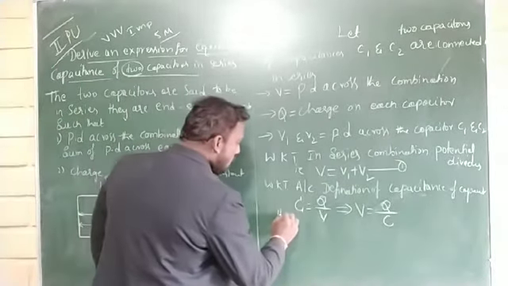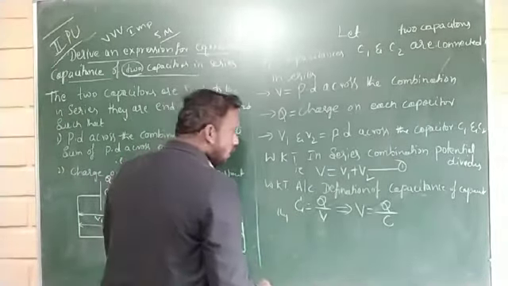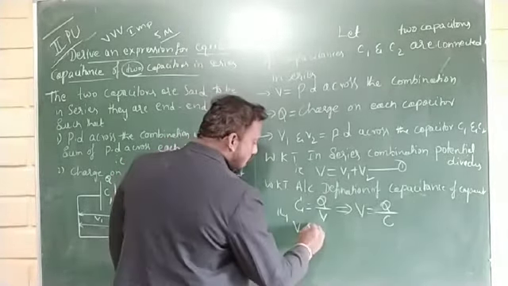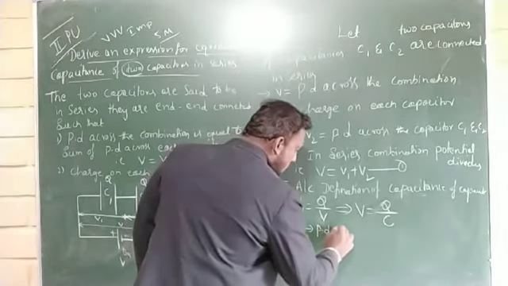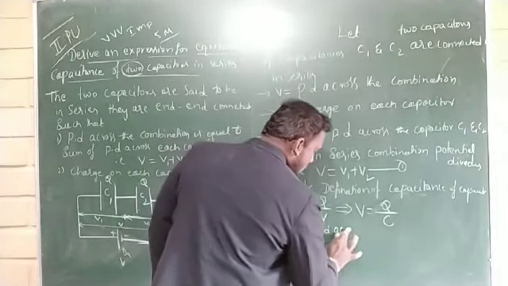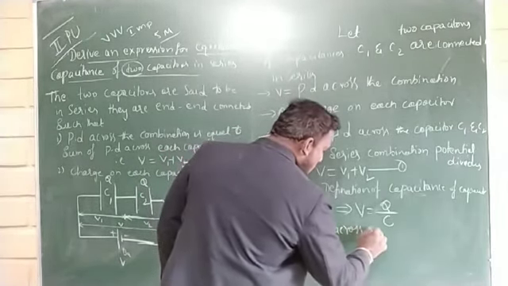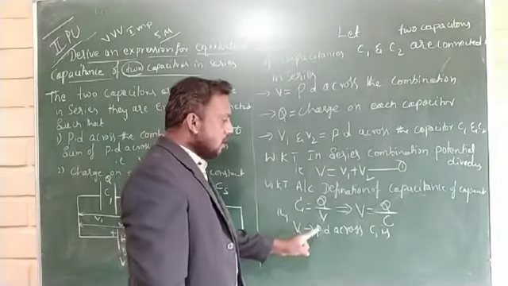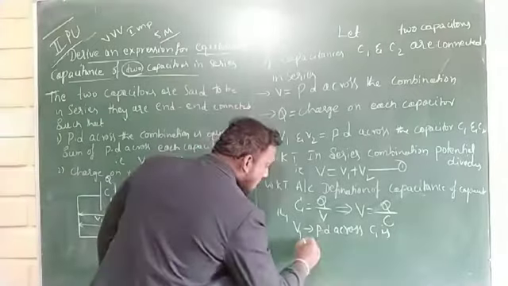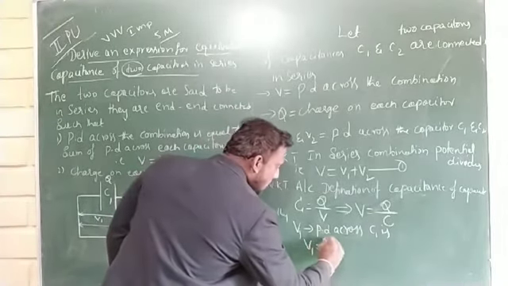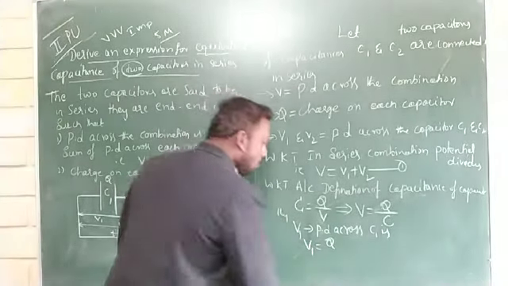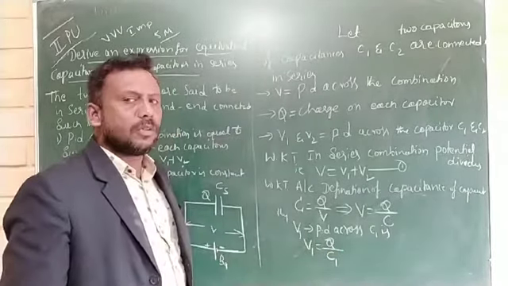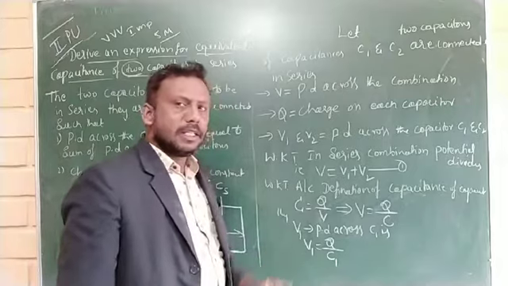Similarly, for capacitor 1, the potential difference across C1 is V1 is equal to Q, the charge is the same, divided by C1.